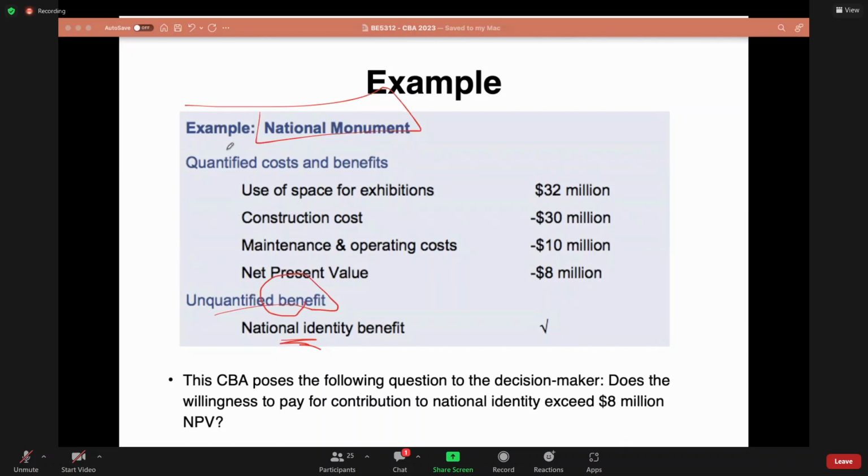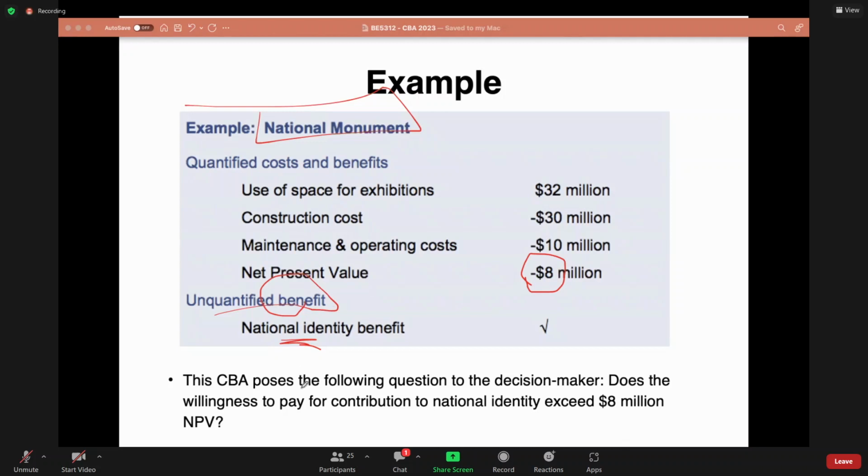There are certain benefits and costs that you can quantify, for instance using the space for exhibition, the construction cost, the maintenance cost. Based on those things, you have a net present value of negative 8 billion. So you're making a loss, and just by looking at it, you'd say this project is not worthwhile.